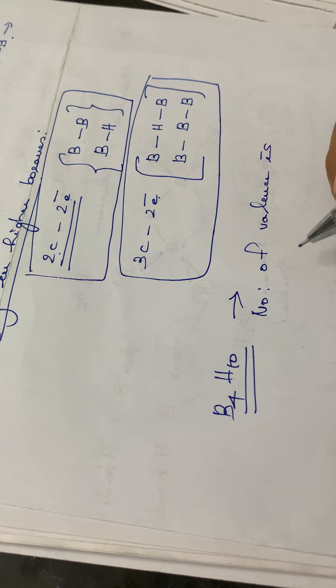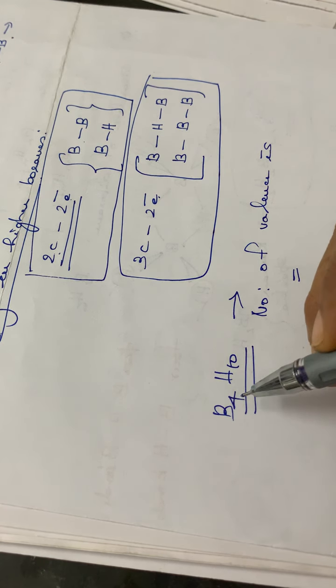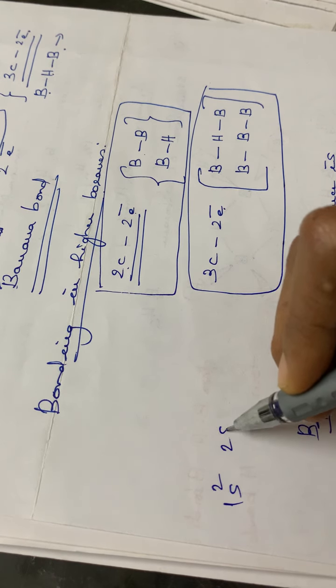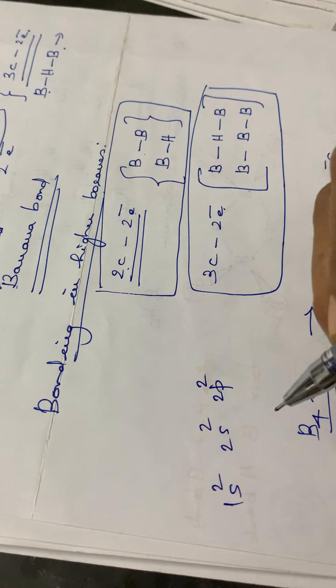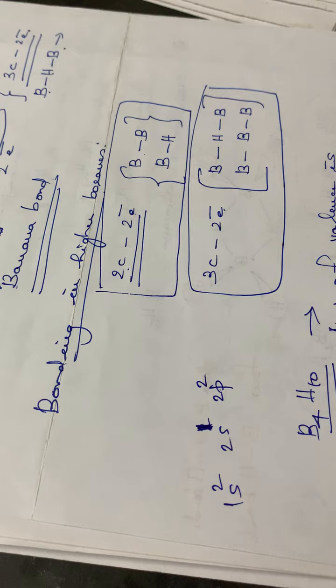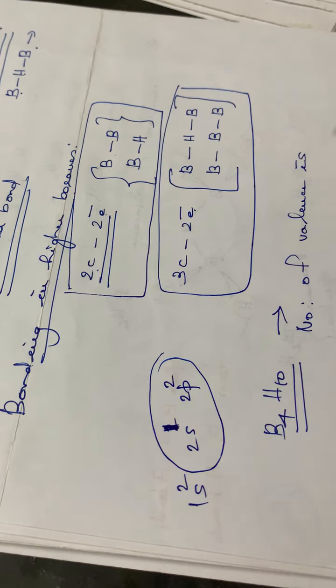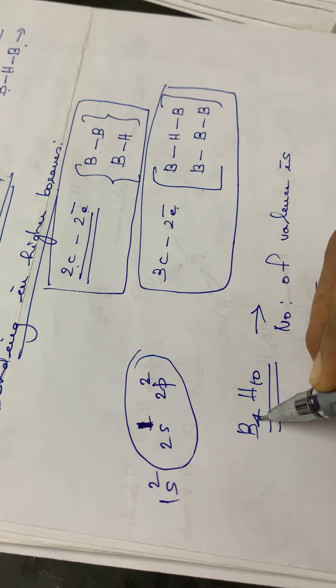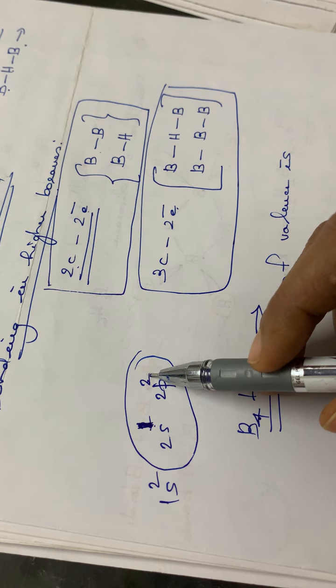From a boron atom, how many electrons are there? Boron is 1s2, 2s2, 2p1, sorry, 2s2 2p1. So the valence shell has 3 electrons. So one boron atom has 3 valence electrons.